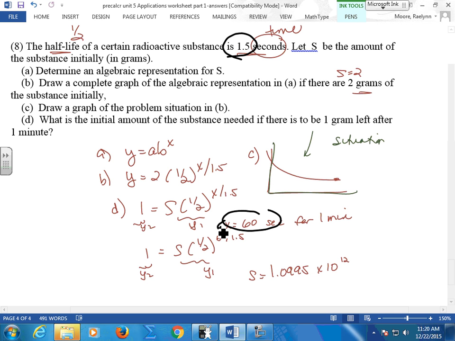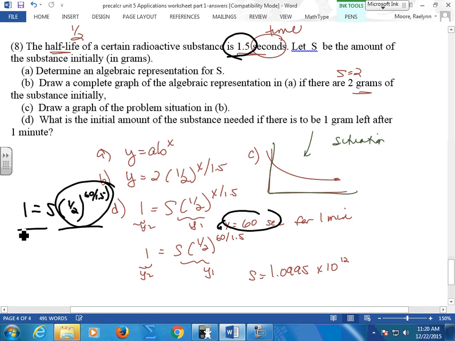Oh, you had to find your substance this time, so how much you started with. So when you're here, remember that this belongs to this guy, so divide everything by this. Just divide everything by that and you'll find how much you started with. You started with a big substance. Look how fast you're decreasing. Every 1.5 seconds, you're halving.